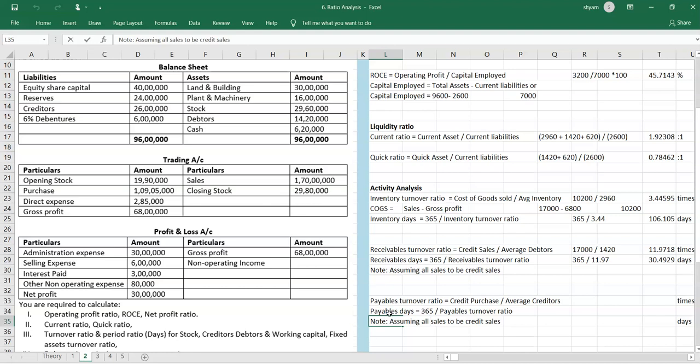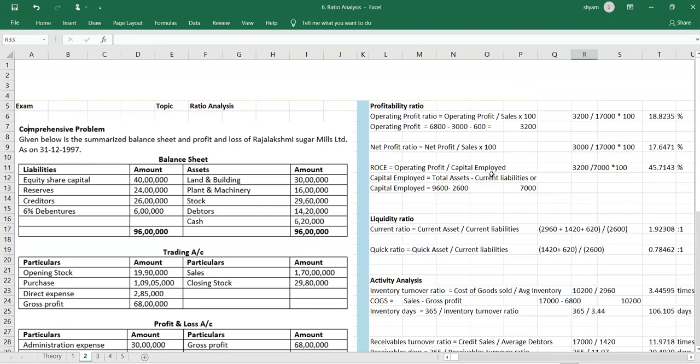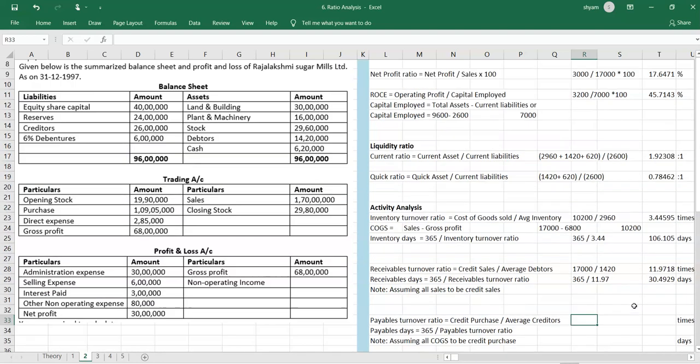So here if you see there is no credit purchase. So assuming all COGS to be credit purchase. Okay, we can't have any other number. So COGS we have computed earlier itself. So COGS is 10,200.